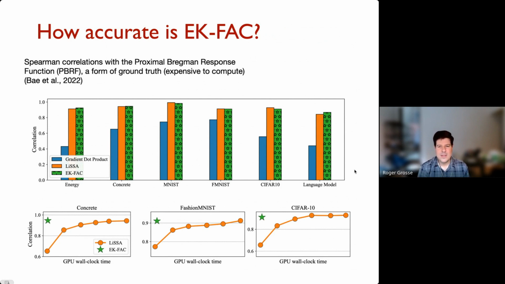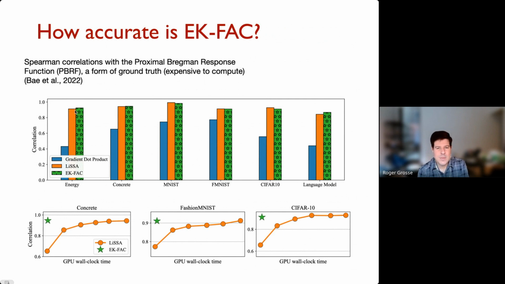And what we find is that the eKFAC estimate is about equivalent to what we get with the classic iterative method LISA, which requires doing about 2,000 gradient iterations. And so despite being much, much faster, we get results of comparable quality.